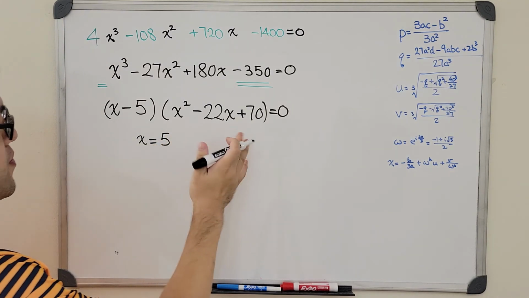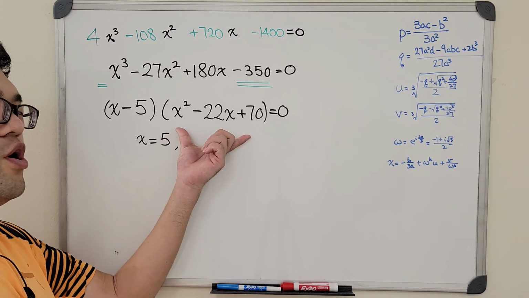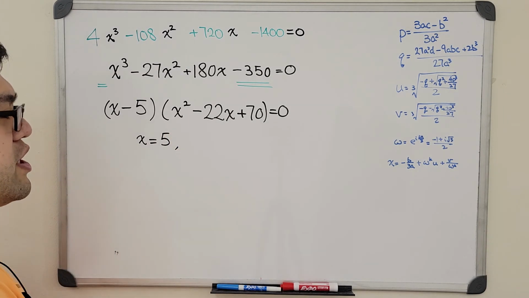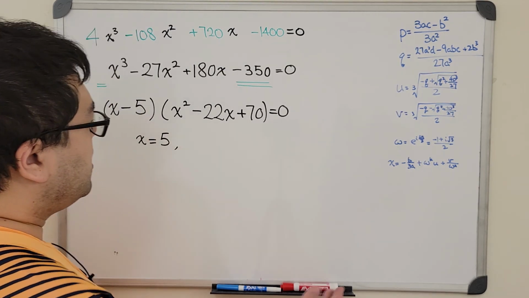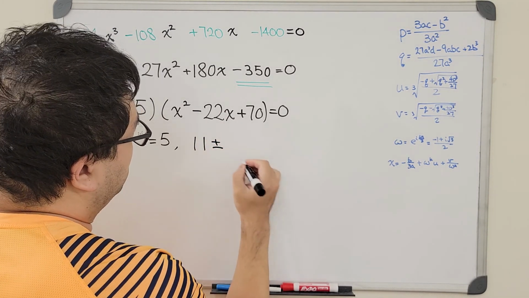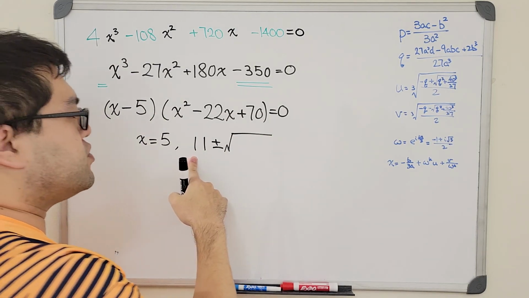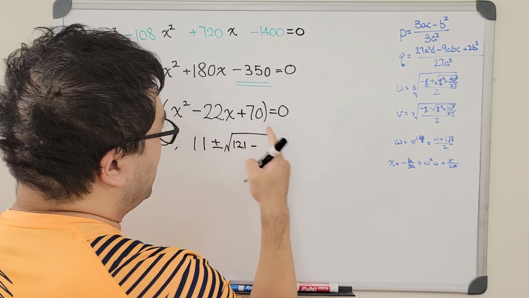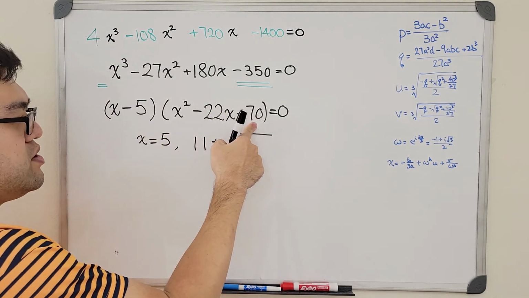From the second factor, since it is reduced down to a degree 2 polynomial, in other words a quadratic expression, we can use our famous quadratic formula to give us the answers: 11 plus or minus the square root of 11 squared, which is 121, minus the leading coefficient 1 times the constant term 70.